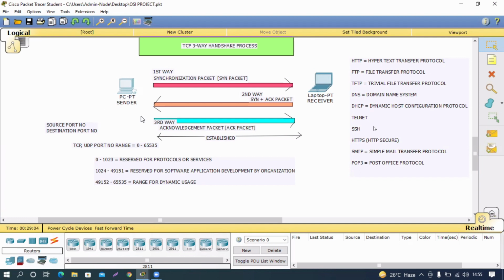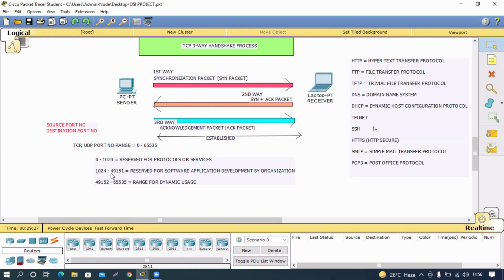Suppose you are accessing Google, then you need a port number. We have two port numbers, source port number and destination port number. This information is there in layer 4. Every single machine, when it sends any information to the internet or any network, always includes its own port number and the port number it is communicating with.